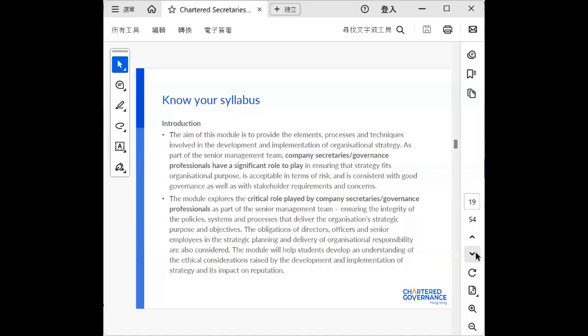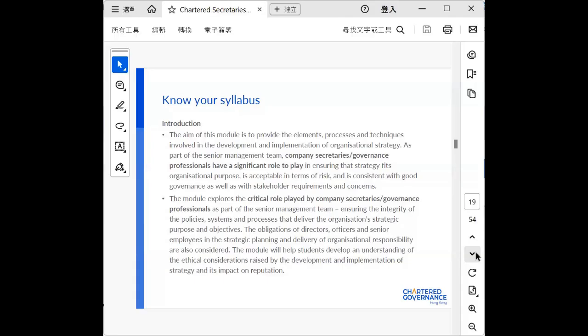Now, as a company secretary or governance professional, you have a very significant role to ensure the strategy fits the organizational purpose and is acceptable in terms of risk and is consistent with good governance as well as stakeholder requirements and concerns.